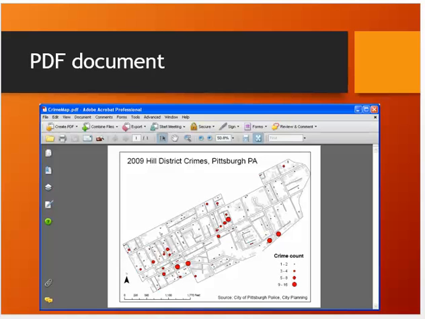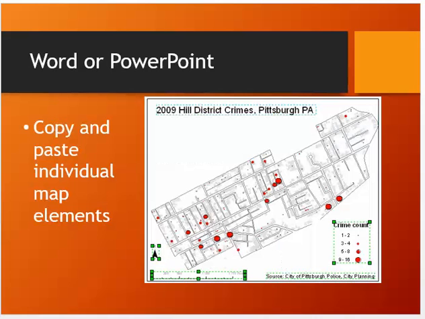You can also embed that in a web page and use a browser plugin to look at that. You can also bring in the individual graphic elements into a Word or a PowerPoint document, so you can adjust size and play with the layout a little bit more in your document.